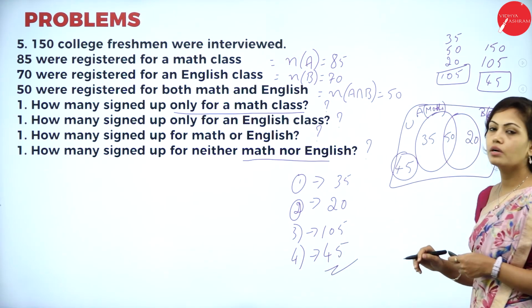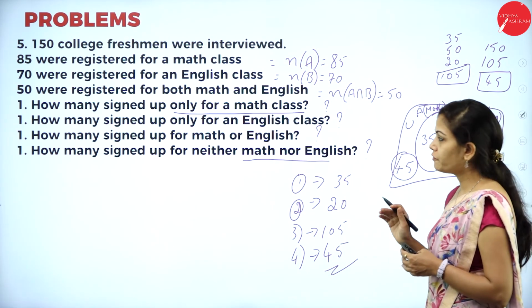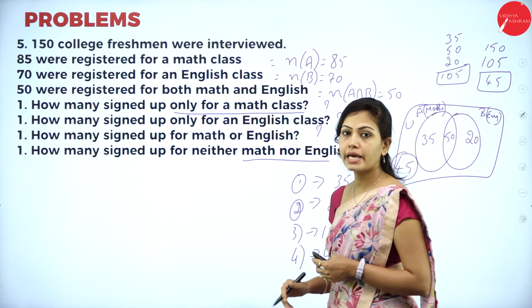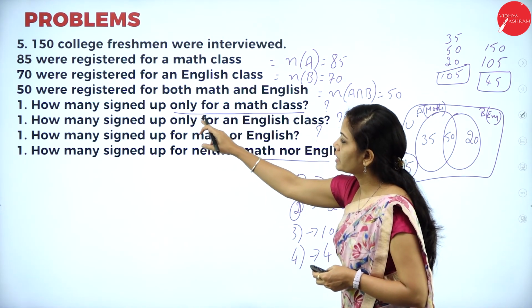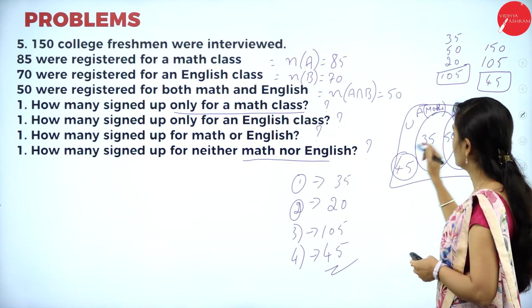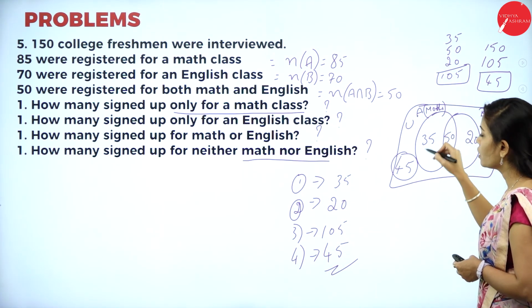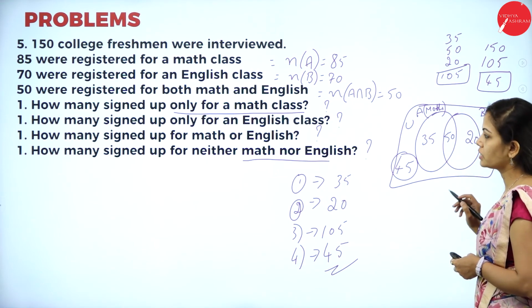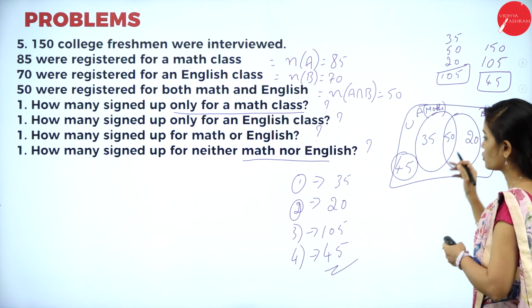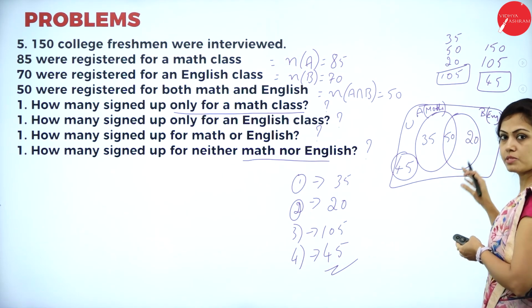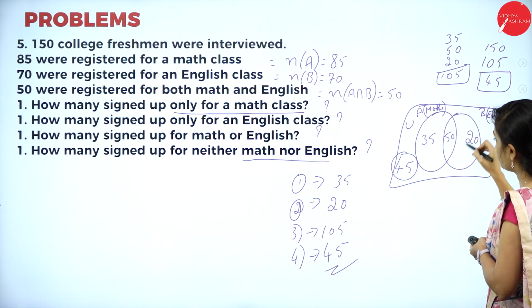So this is your Venn diagram. For every question, you have to write the Venn diagram and mention the shaded part. For the first question, how many signed up only for maths class? That is 35. You just shade only this region, the 35 region. And for the second question, how many signed up only for an English class? Again, you have to draw the same diagram, and the shaded part is different.